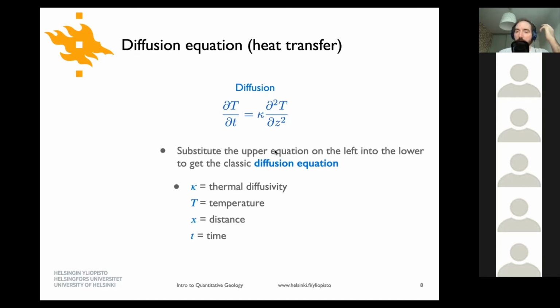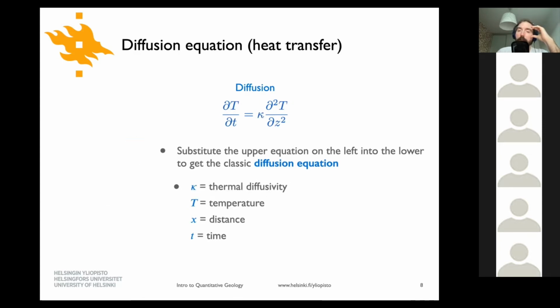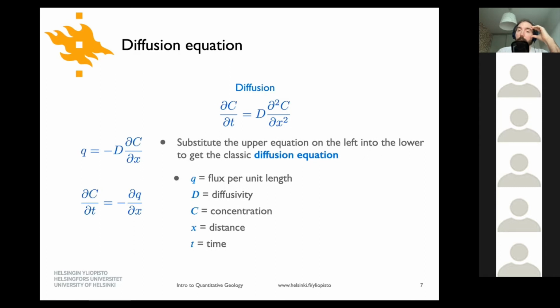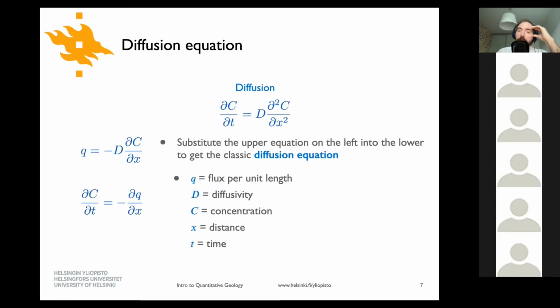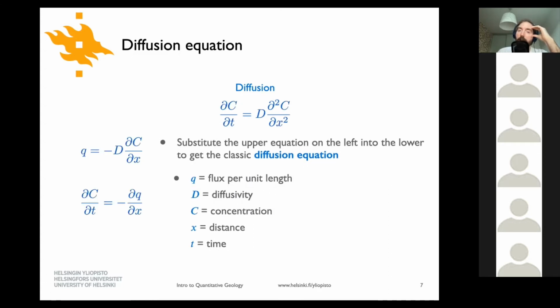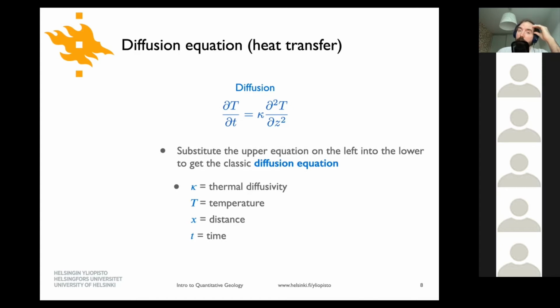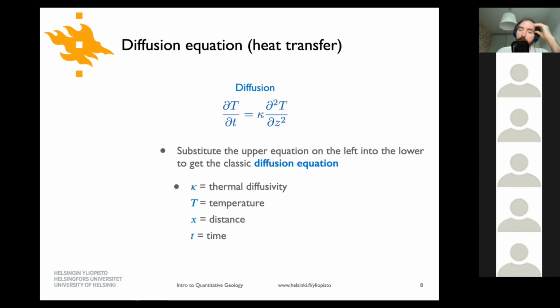Here, I'm using z as a distance for depth, because that's often what we're most concerned about in the Earth. But if you flip back and forth between the two equations, you'll see that basically if you replace the big C, the concentration, with a T for thermal energy, and you replace the D with a kappa, you have the same equation that we just saw, the diffusion equation.